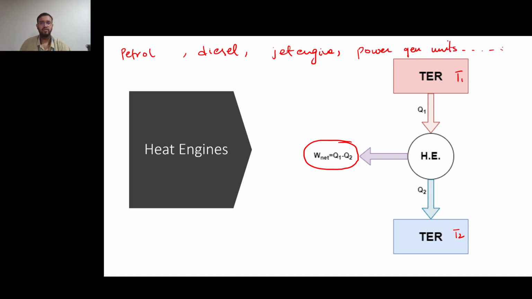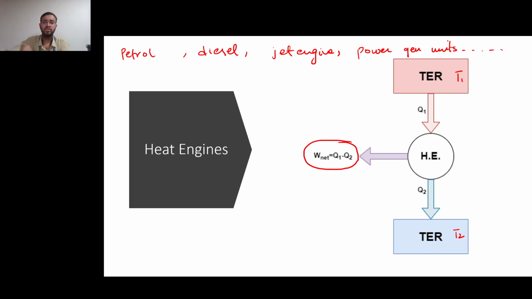Now, please pay attention to the definition. Heat engines are thermodynamic devices which absorb thermal energy from a higher temperature, reject some of the thermal energy to a lower temperature, and convert the difference between the heat interactions with these two thermal energy reservoirs into useful work while operating in a thermodynamic cycle.